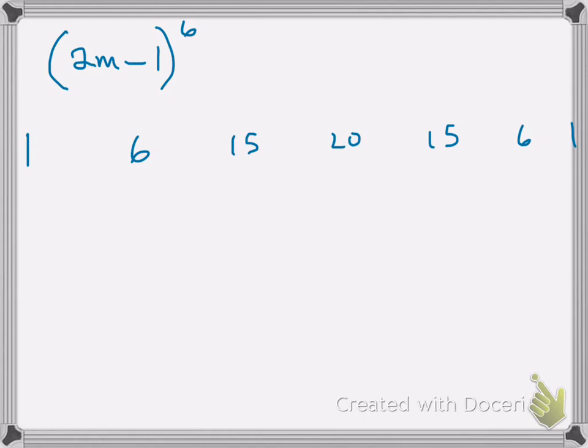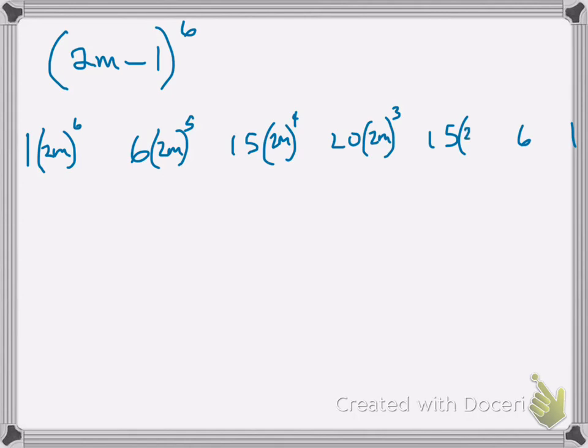Okay. Now, the 2m's are going to start in descending power, so 2m to the 6th, 2m to the 5th, 2m to the 4th, 2m to the 3rd, 2m squared, 2m to the 1st, and no 2m.